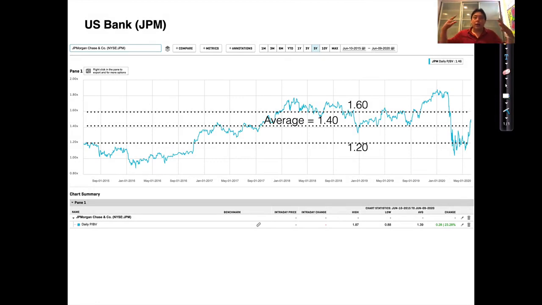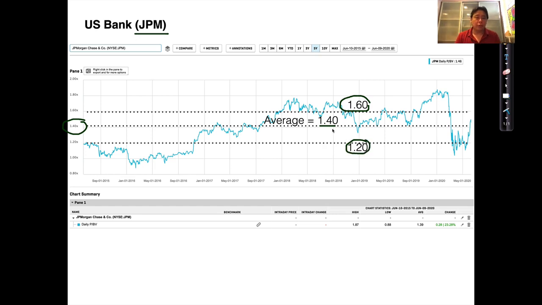Because it's still a really high growth bank, people are willing to pay a premium for the price to book ratio. So you can see that for JP Morgan, in the last 5 years, the average price to book ratio was 1.4, and 1.6 is becoming a bit expensive, 1.2 becoming cheap.